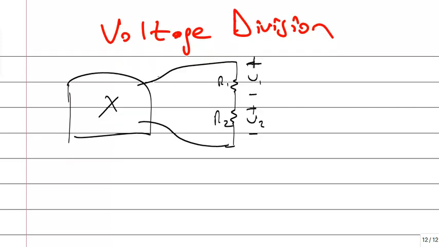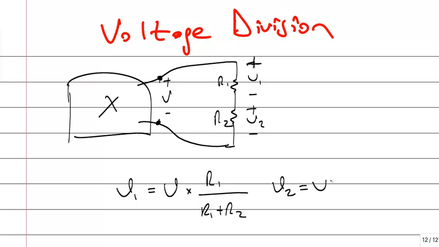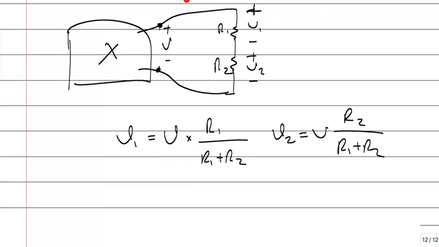If you know the total voltage, if this is V, the total voltage of two resistors, we can say V1 is equal to total voltage times the corresponding resistance divided by R1 plus R2, and V2 is total voltage times R2 over R1 plus R2. Okay, this is directly proportional. High resistance has high voltage.